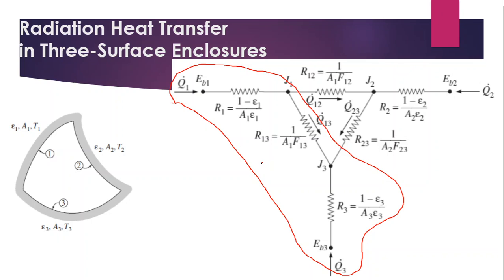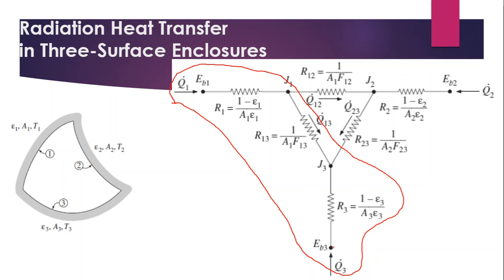So this is the space resistance. Afterwards we get J3, the radiosity of surface 3. Then R3 equals 1 minus epsilon 3 divided by A3 epsilon 3, which is the surface resistance of surface 3. Then we find EB3.